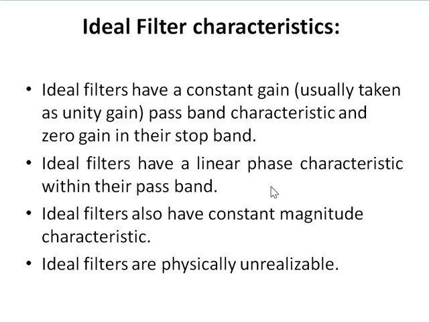Every system should give the undistorted output based on 2 important conditions. The first one is the magnitude response should be constant and the phase response should be linear and passing through the origin. Based on that, to get the undistorted output, the ideal filters have a linear phase characteristic and also have constant magnitude characteristic.